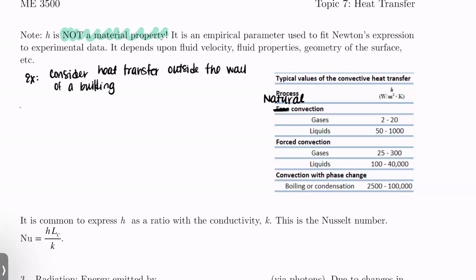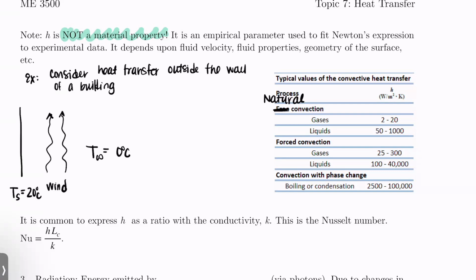All right, so we have our wall, and this is a top-down view. Then we have our wind going past here. So this is wind. We're given that the surface temperature is 20 degrees C. And then far away, T infinity is equal to 0 degrees C.